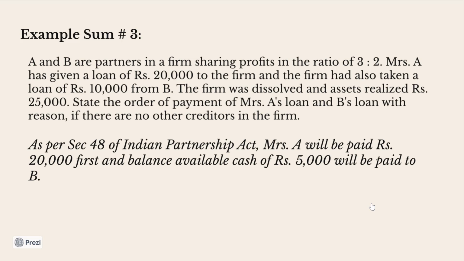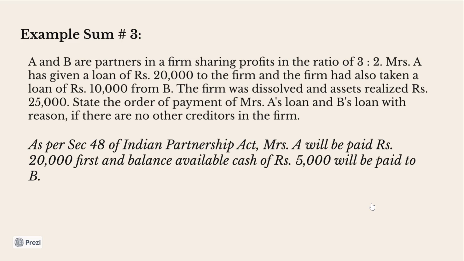Continuing, the firm has also taken a loan of rupees 10,000 from B. Now, B's loan is a partner's loan. The firm was dissolved and assets realized rupees 25,000. We are asked to state the order of payment of Mrs. A's loan and B's loan with reason if there are no other creditors in the firm.